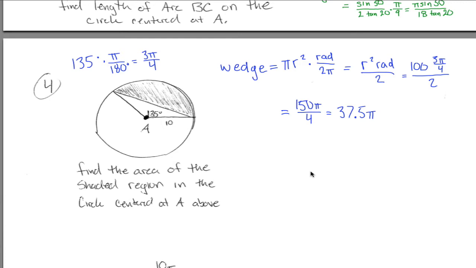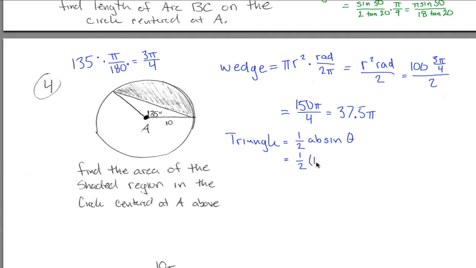But we don't want to know the area of the entire wedge. We want the entire wedge minus this triangle. Good news is that triangle isn't too hard to find. We can revert back to the fact that it's 1/2 AB sine theta. And that formula works out nicely in this case because A and B are both 10. You can think about this as B over here, and they're both a radius of this circle.